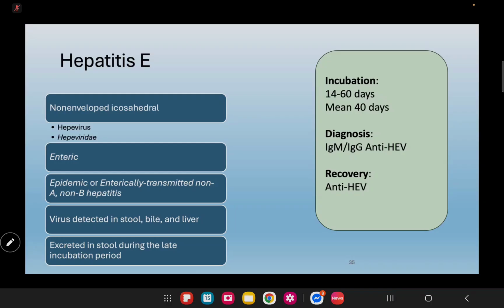The typical mode of transmission again for hepatitis E is the fecal-oral route through contaminated food or water. The diagnosis of hepatitis E is made by detecting IgM and IgG anti-hepatitis E antibodies or Hep E RNA in the serum.